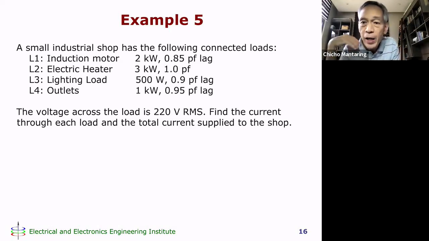This is very typical of a problem you would encounter in industry. So these are the kinds of problems you see in real life, no? So you have an industrial shop, and these are the different loads that you have in the shop. So you have an induction motor, an electric heater, a lighting load, and outlets.